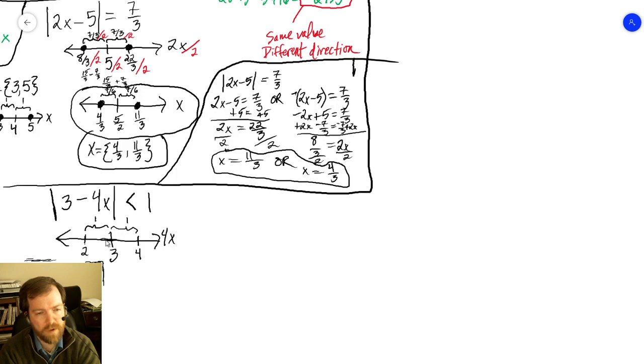So that means that all of this stuff between 2 and 4 are going to be our valid solutions. And what about 2 and 4 themselves? Well, they can't be equal to 1. It's just strictly less than 1. So we need everything to be within this interval and not including 2 and not including 4.